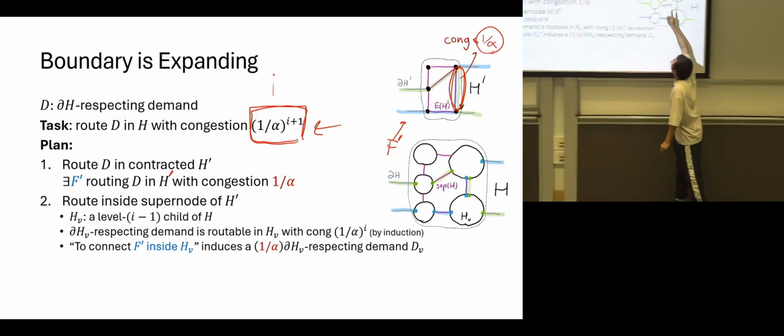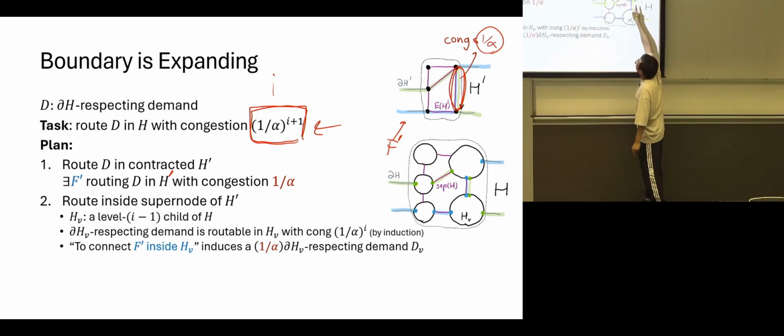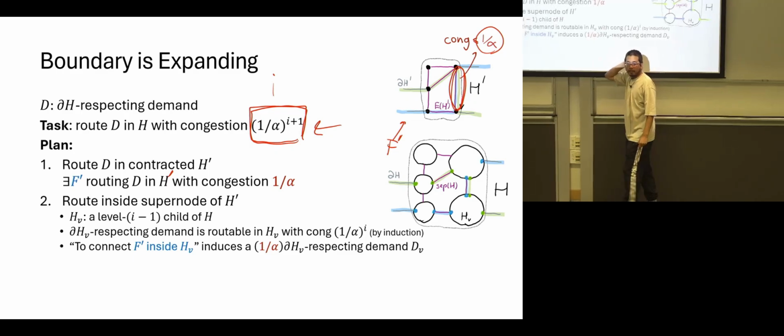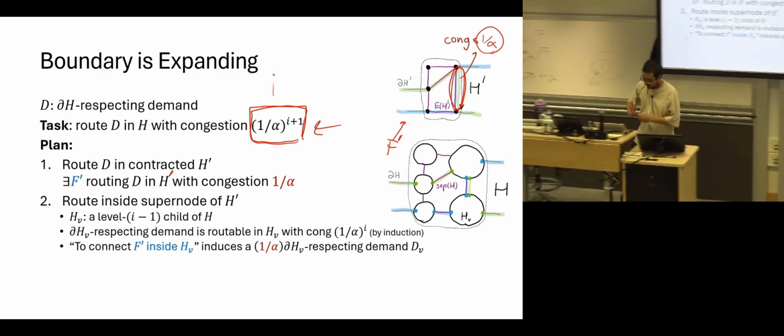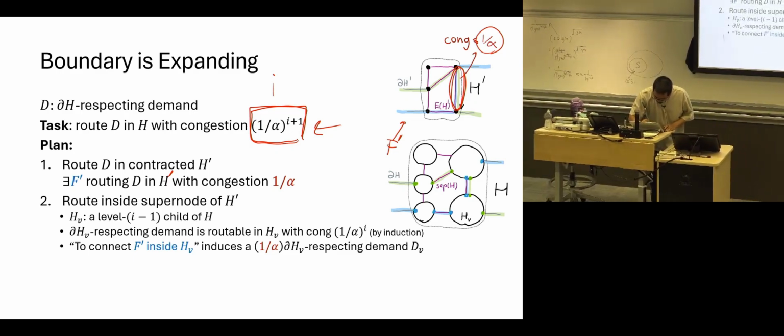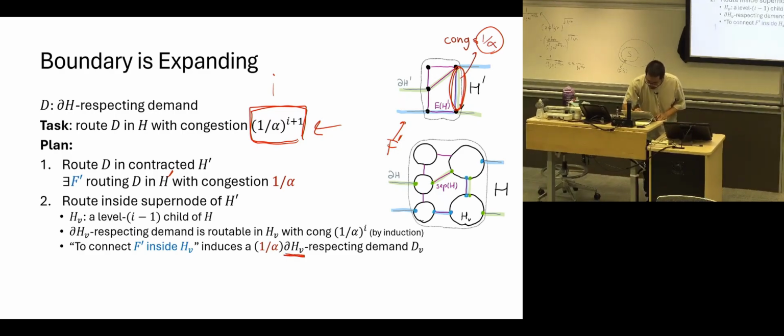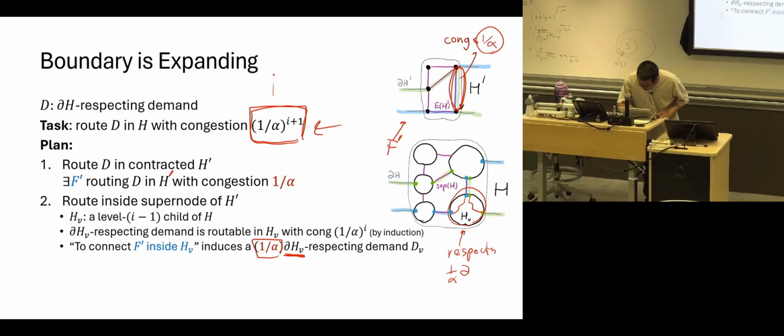But the congestion in H prime is 1 over alpha, so the demand inside HV might scale up by 1 over alpha. So this is a demand that respects the boundary of HV multiplied by 1 over alpha.